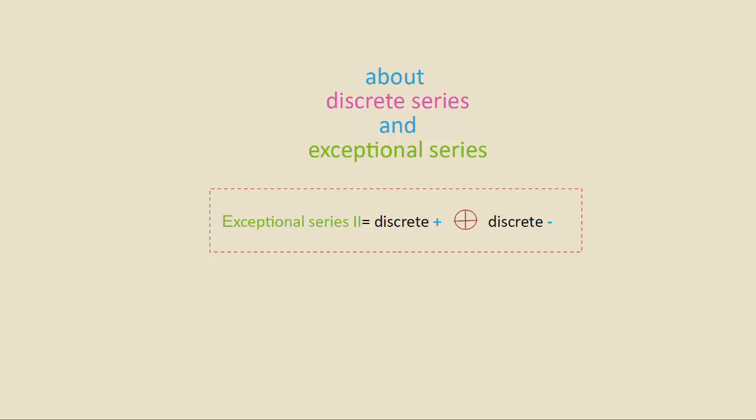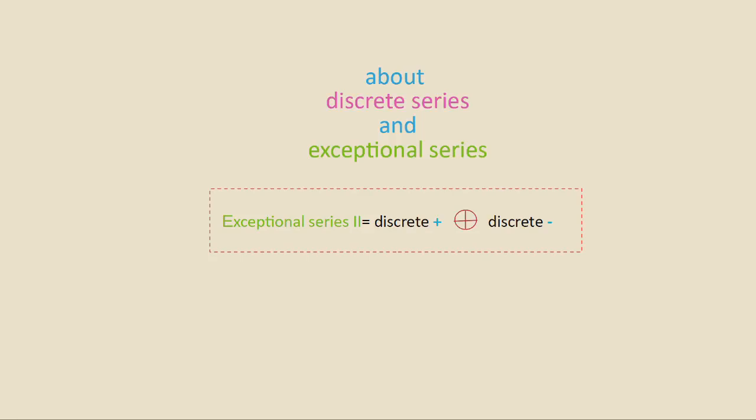The principal, complementary, and discrete series representations are irreducible. Exceptional series are not irreducible, they're reducible, and in certain number of dimensions, a specific subcategory of exceptional series reduces down to a discrete series. Moreover, the discrete series come in two categories themselves, called discrete plus and discrete minus.